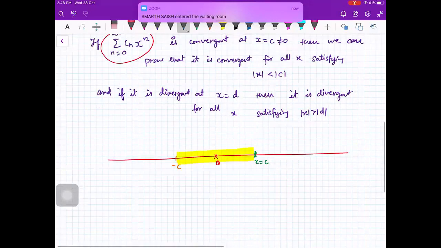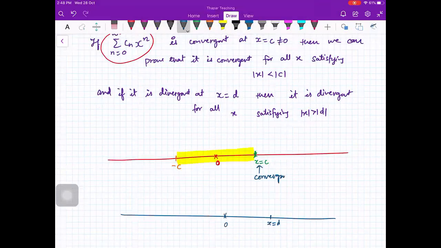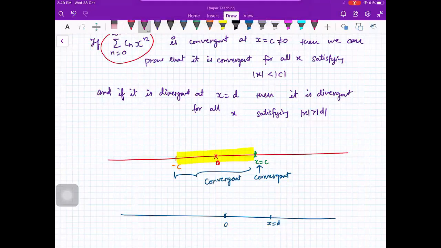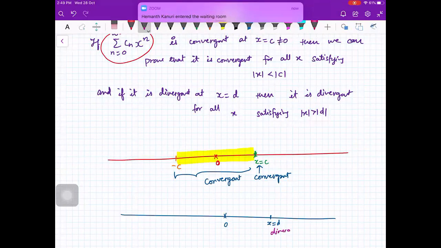And suppose you find a point d where it is divergent, then it is divergent for all the values of x which are greater than d, and for all the values of x which are less than minus d.